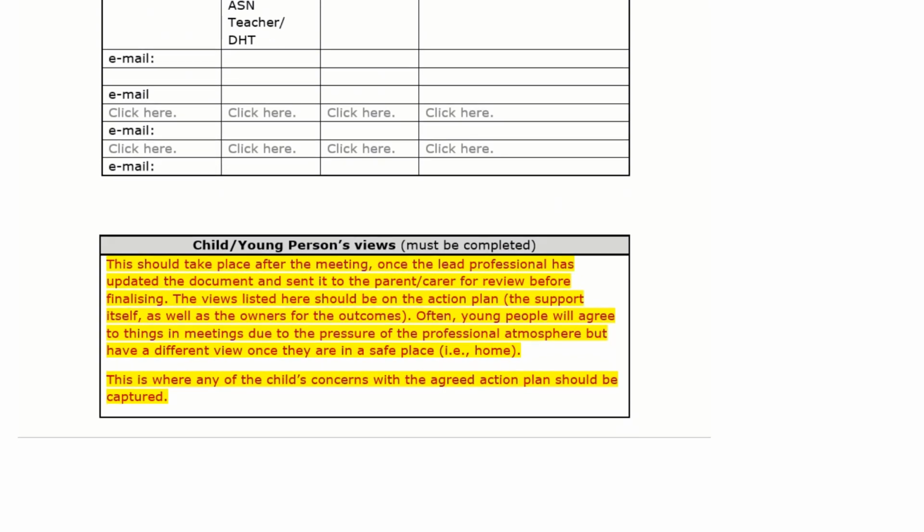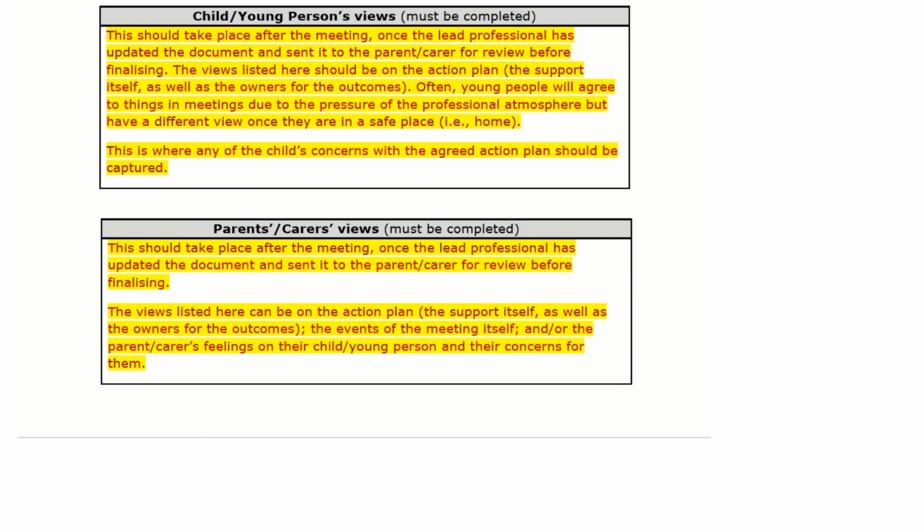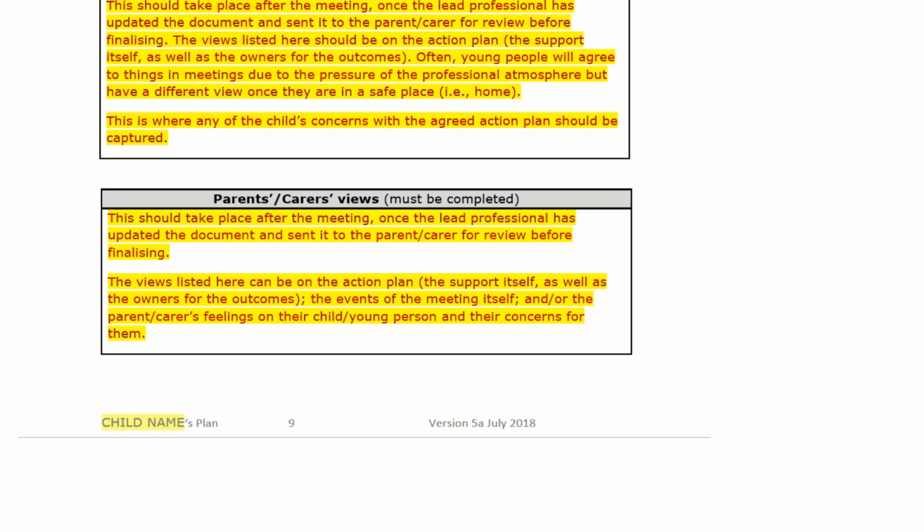So after the meeting, the child's plan should be sent to the parent. They should ascertain the young person's views. So after the meeting, once the lead professional has updated the document, they should send it to the parent before it's finalised. The views listed in here were agreed at the action plan.